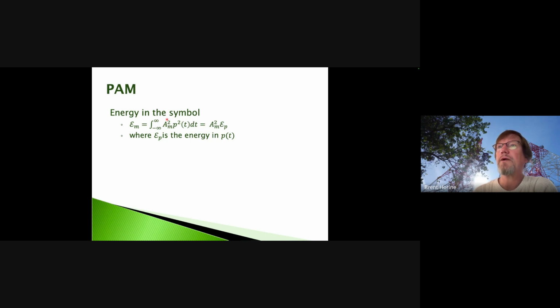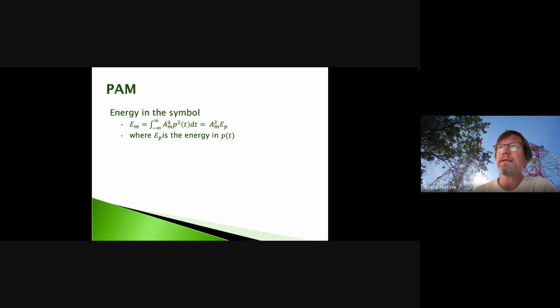But we can replace this part of the equation, this p squared of t, with the energy of the pulse, right? Because this is always going to be the same. This is what we're changing. And so we can integrate that, and that'll be a constant, right?